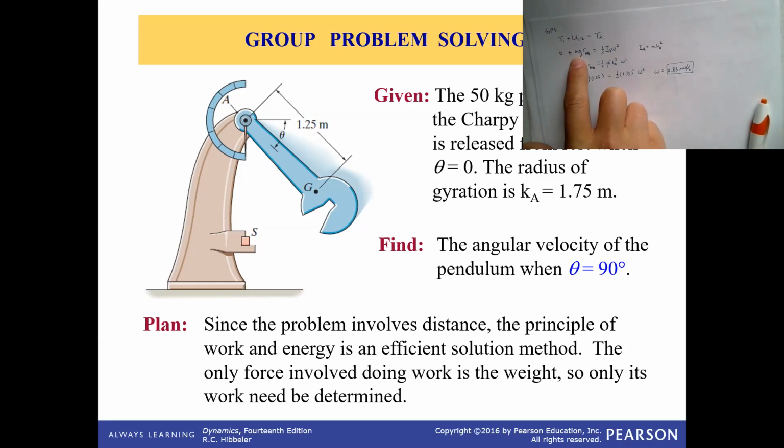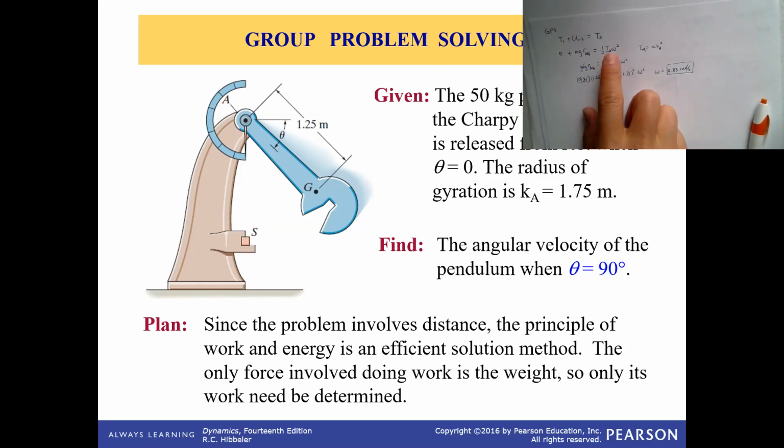The only thing that does work here, if you take the rotation at point A, is the weight, mg times R, which is the change in the center of gravity in the y direction. The center of gravity is 1.25 away from A, so when the angle is at 90 degrees, that change should be 1.25.